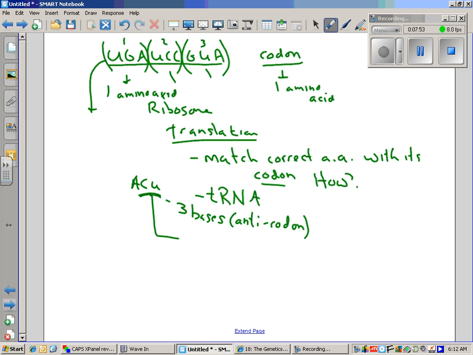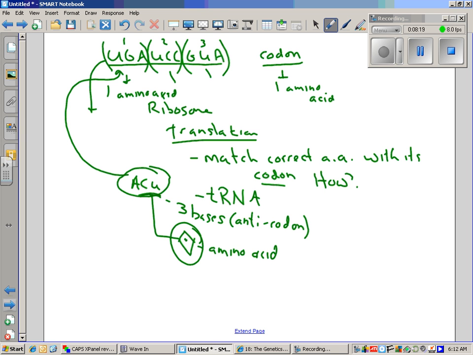The tRNA also has, on the other end, a specific amino acid. This tRNA will only carry this specific amino acid. So the tRNA that says ACU at this end will match up here. ACU matches with UGA. And it carries a specific amino acid.